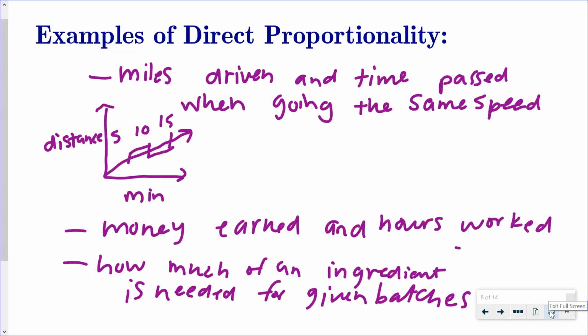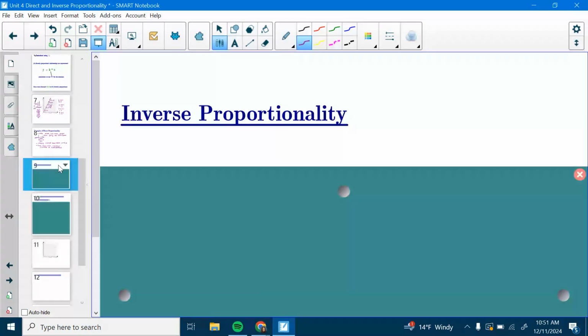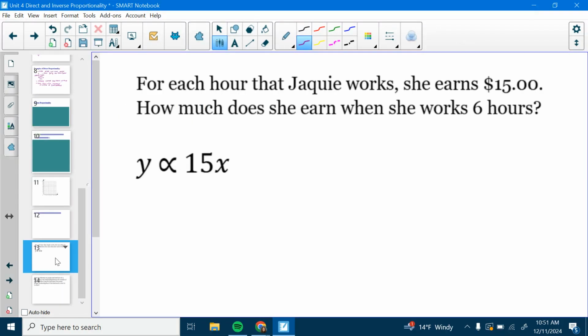Now we're going to do an example using direct proportions to solve, okay? So my example here is on the back of the worksheet that goes with this. So if you're following along on the worksheet, that would be where you would find this.